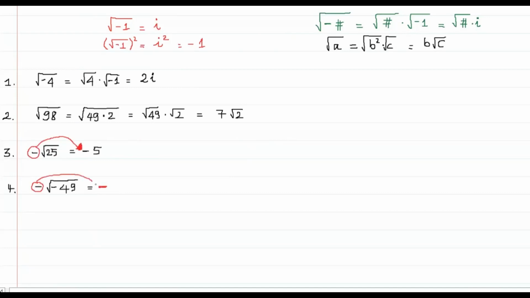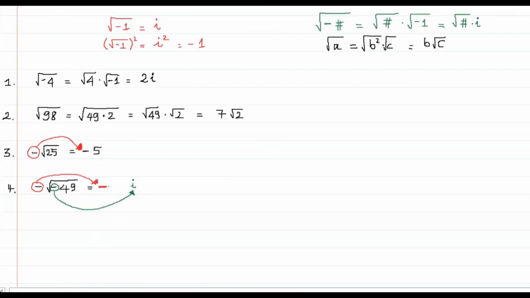All right. Now the negative inside, that becomes i, right? And then we have the square root of 49.